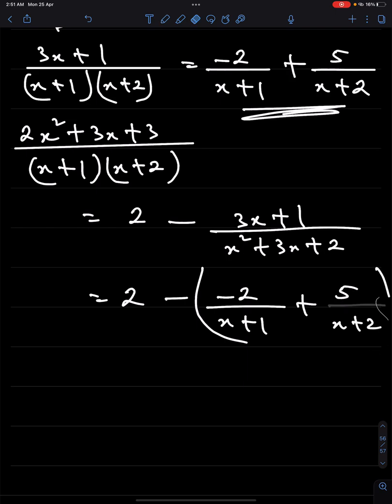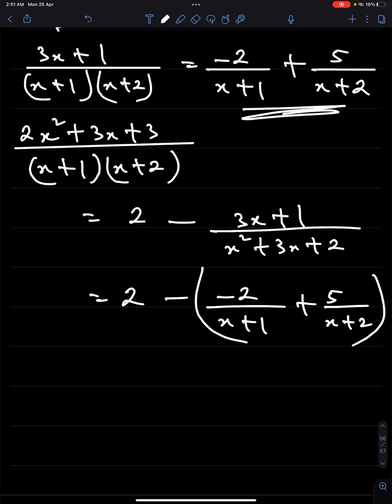The idea is that you reduce the improper fraction to a proper fraction, and then you resolve the proper fraction into partial fractions. When you reduce the improper fraction to a proper fraction, you are going to get a part that is maybe just a constant and another part that is a proper fraction. So you resolve that proper fraction into partial fractions, and then you put them together in the end.